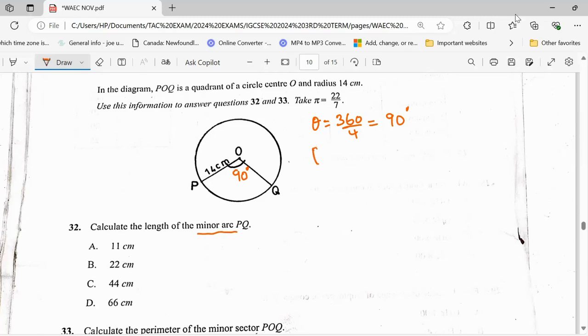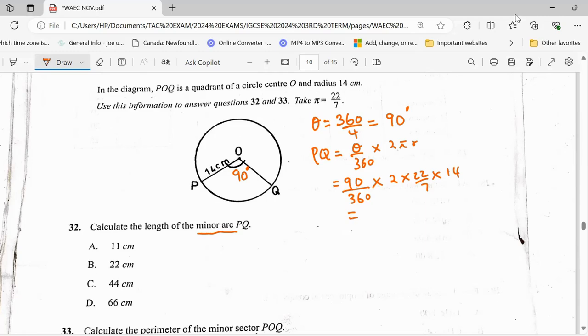So for us to get this PQ, it is theta over 360 times 2 pi r, which is going to give us 90 over 360 times 2 times 22 over 7 times 14.